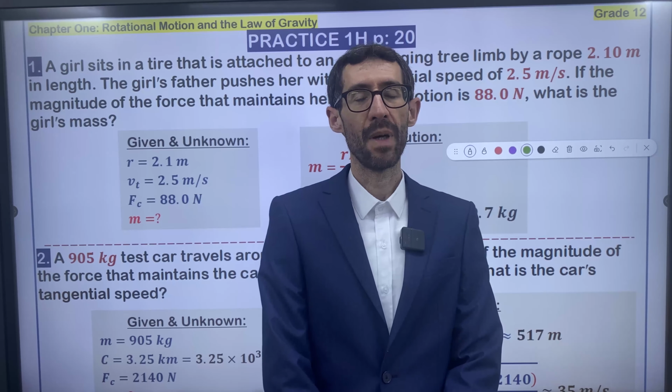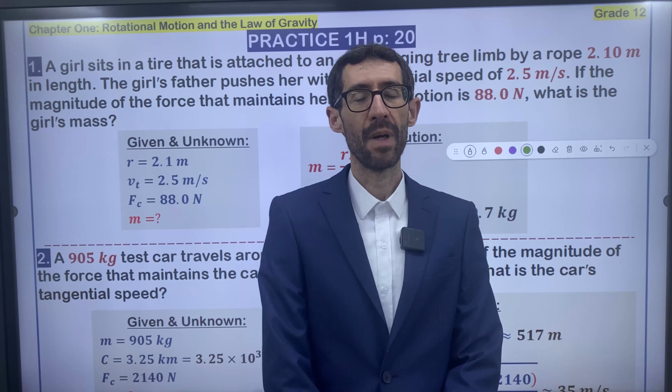What does it mean? Whenever the moving object reaches its original position, it travels a full circle, one revolution. In other words, it travels the circumference of the circle.